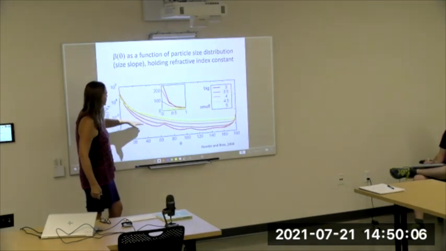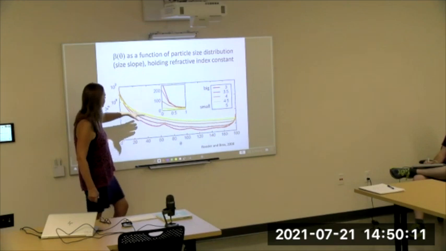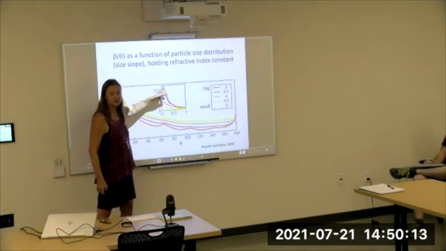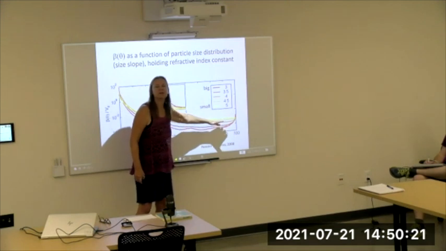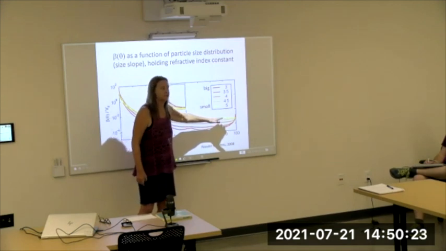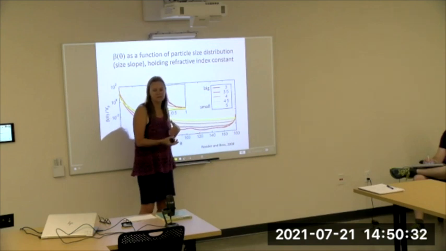And you can see that the big cells tend to have much larger forward scattering because of diffraction. And the small tend to have much higher relative backward scattering because they start to get more into the Rayleigh-ish type of scattering. They're more efficient in the backward compared to the forward direction.